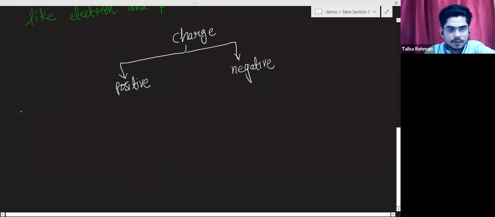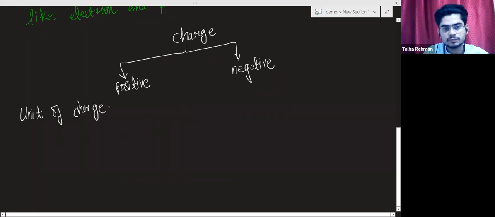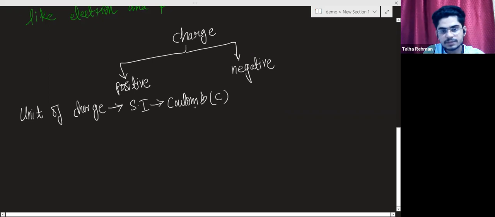And the SI unit of charge that we will use in this chapter is the coulomb, represented by C, and charge is a scalar quantity.